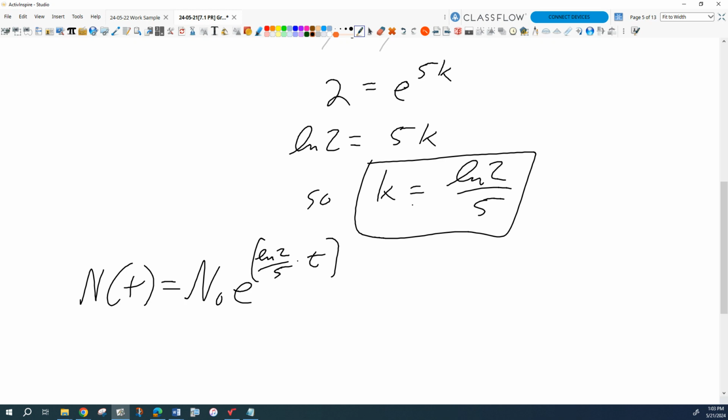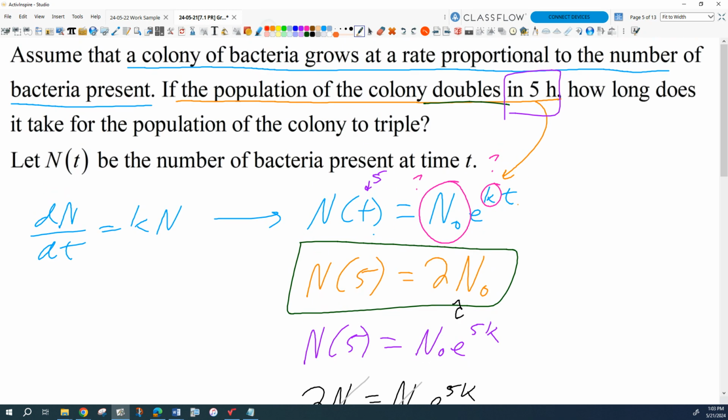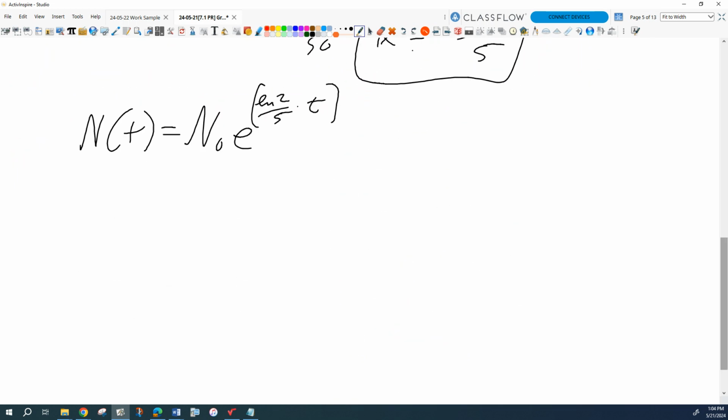Everybody get that? That's my exact model for this population. Now let's use it to answer the other question: how long does it take for the population to triple? How can I use my model to do that? Here's my model.